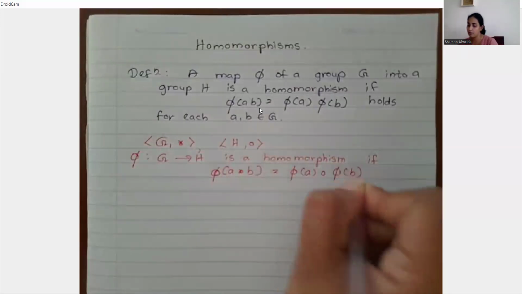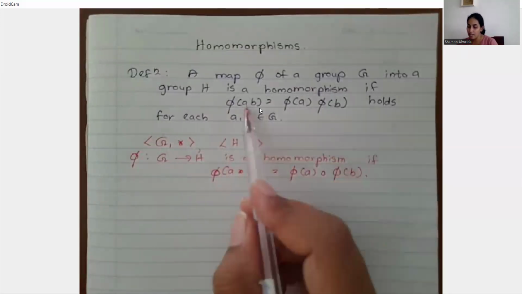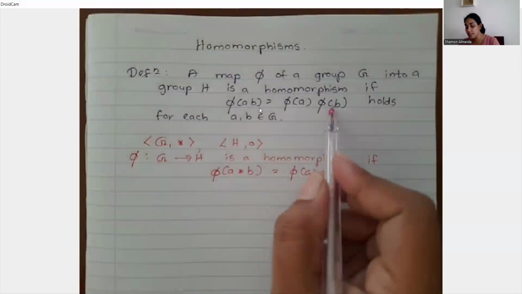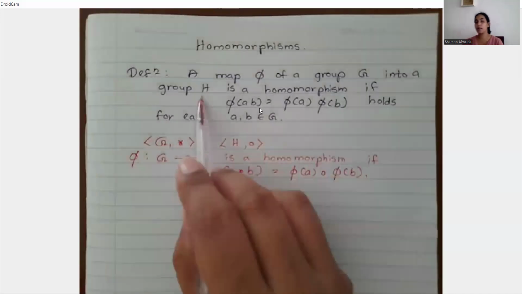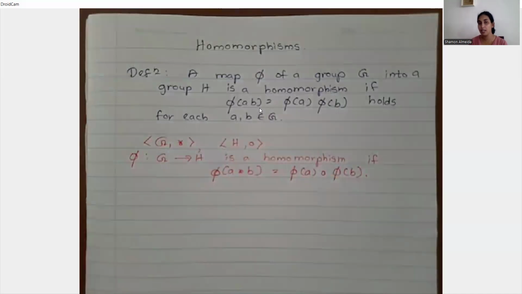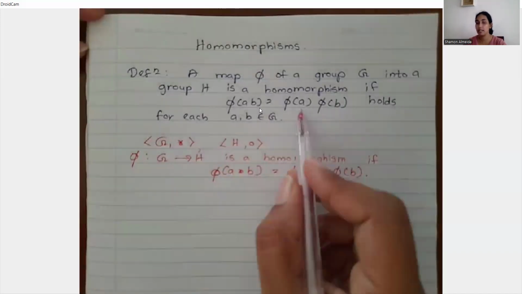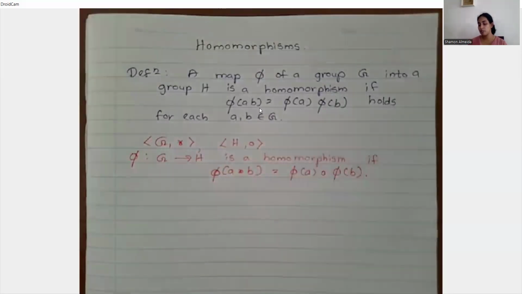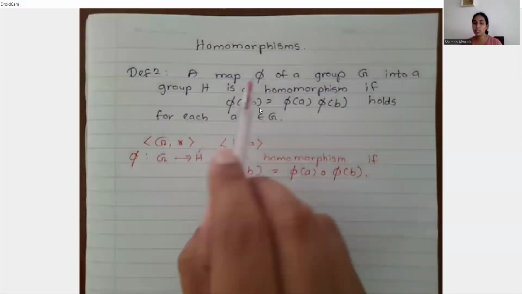of B, right? Now observe, A and B are elements in G, so the product AB refers to an element in G that you get once you apply the binary operation for A and B. On this side, you have these two elements that are actually in H. Once you apply the function phi to A, phi of A is an element in H. Phi of B is also an element in H. So you have the product of two elements that are in H. So the product over here is gotten by applying the binary operation defined over H to these two elements, right?